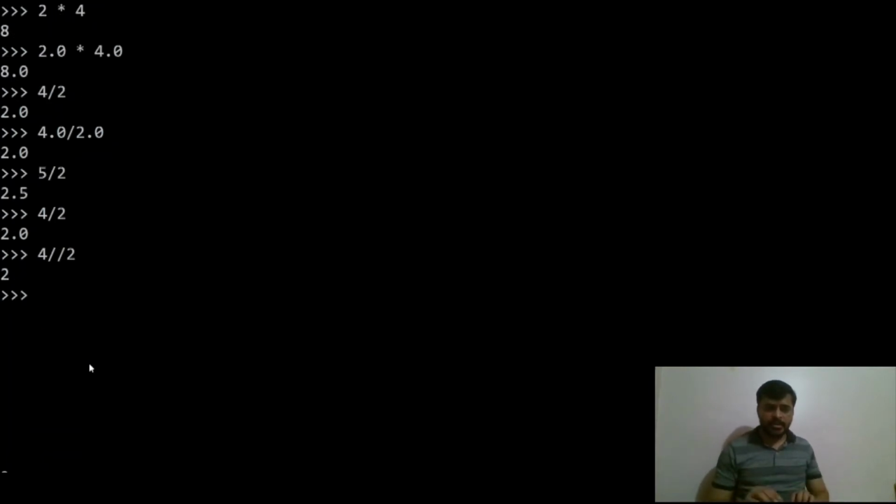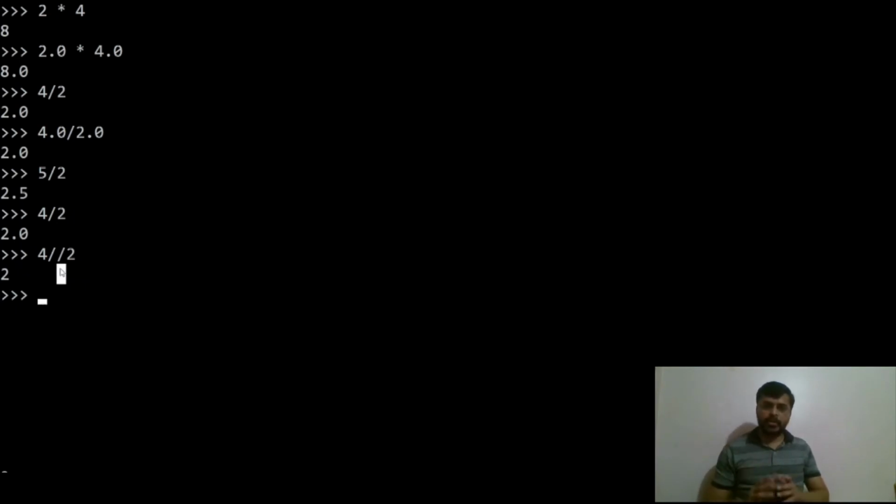Now see the difference here. We had earlier 2.0 and now it's 2 because it's integer division. So now it understands that I'm trying to get only the integer value. So while performing division, the interpreter will see that there are two forward slashes, which means it has to carry out the integer division.